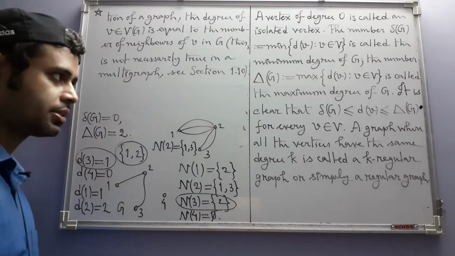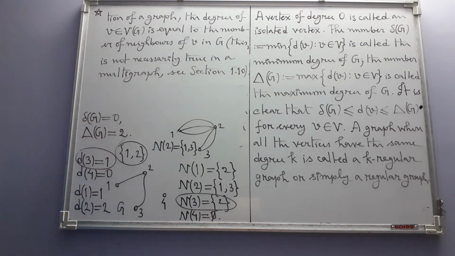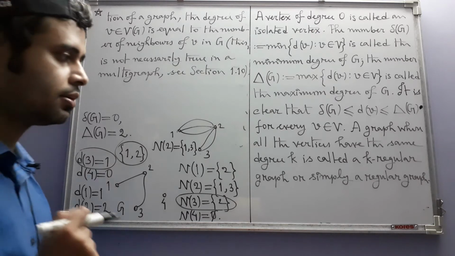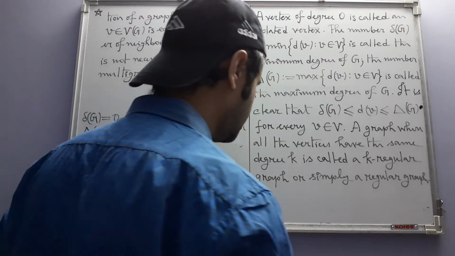Okay, if it happens that all the vertices have the same degree k, then such a graph is called k-regular, or just simply a regular graph.